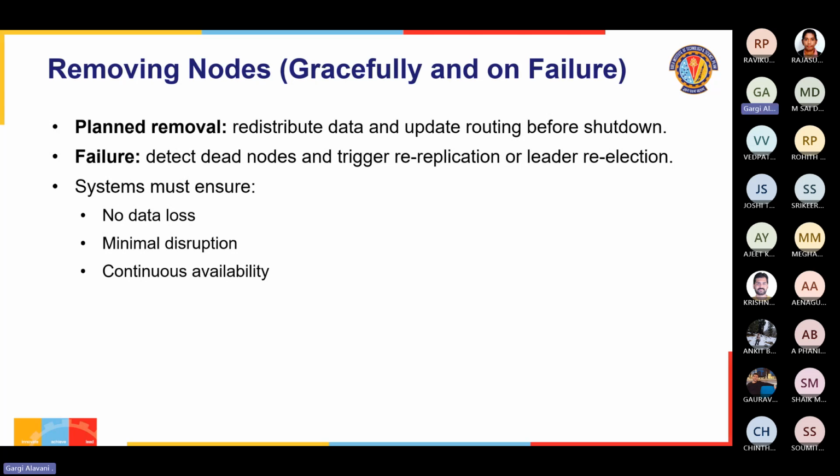In both cases, the goal is the same: no data loss, minimal disruption, and continuous service availability. All these three are very important, and these are the key parts where we can get a fault tolerant design.